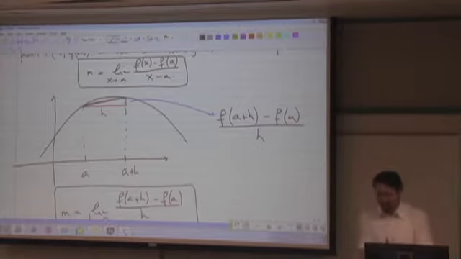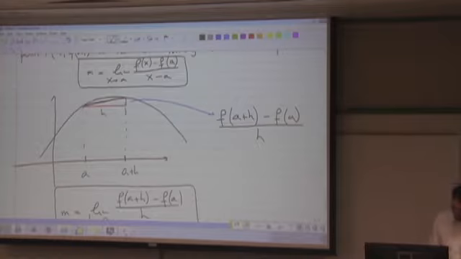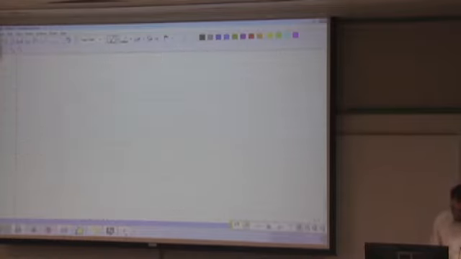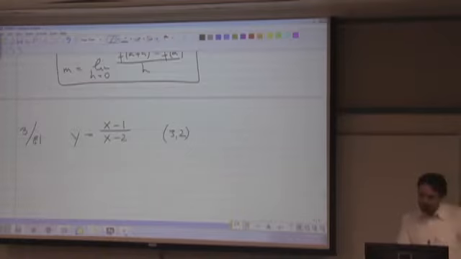Okay. How about we do a couple of problems and see how we warm up on things here. Okay. 3 on page 81. I'll come back because we still have a few things to talk about. But for now, let's actually look at one problem. So I have y equals x minus 1 divided by x minus 2. And I'm looking at the point 3 and 2. The problem asks to find the equation of the tangent line to the curve at the given point.